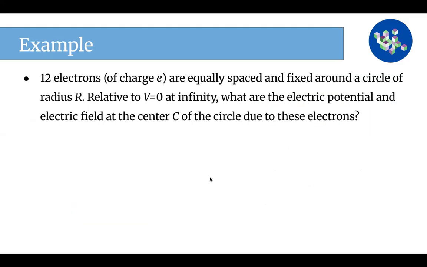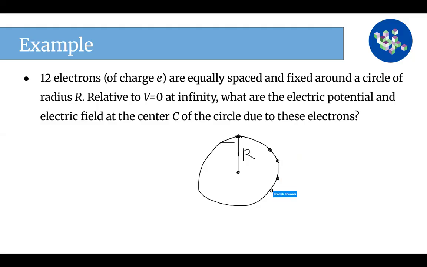So this is an example. Twelve electrons of charge e are equally spaced and fixed around a circle of radius R. Let's say this is radius R, and it's kind of like a clock. So you have 12 electrons. This is a kind of bad diagram, but they're equally spaced.